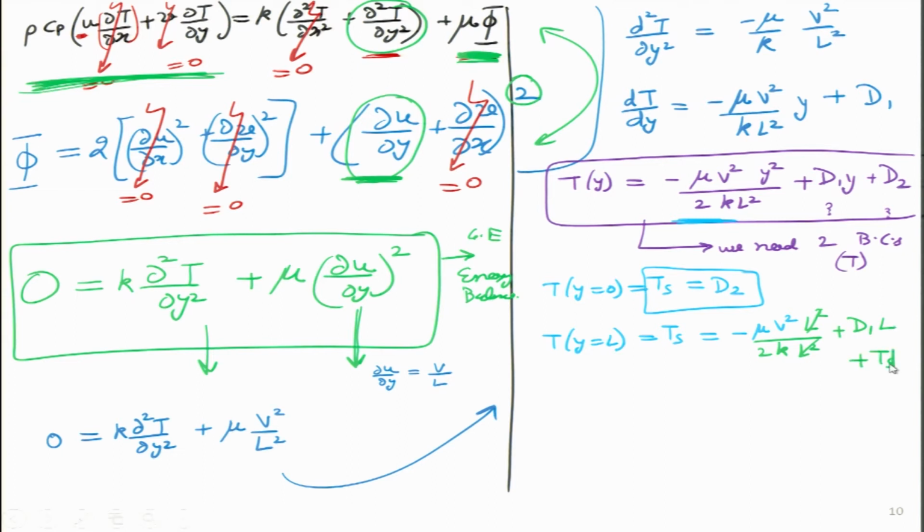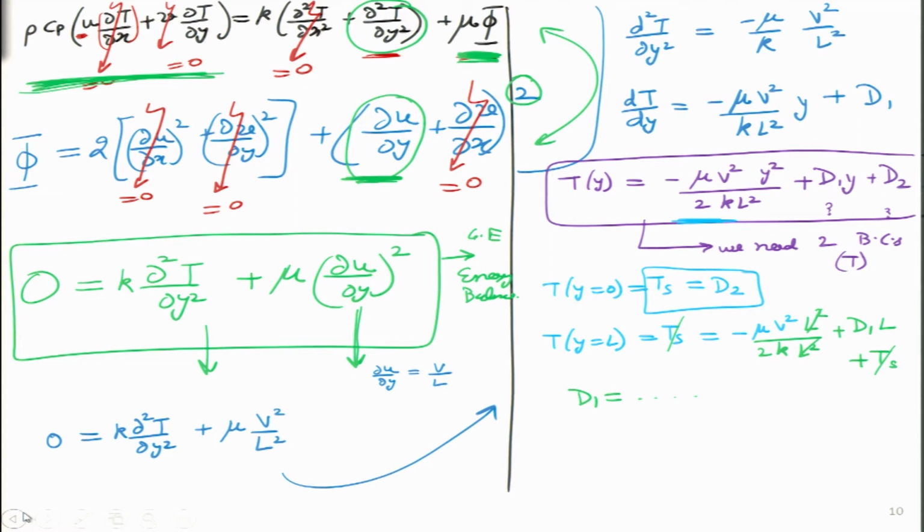So, Ts gets cancelled with Ts. From here I will get the value of d1 and I can plug that in. Once I plug that in, I have the final result over here.